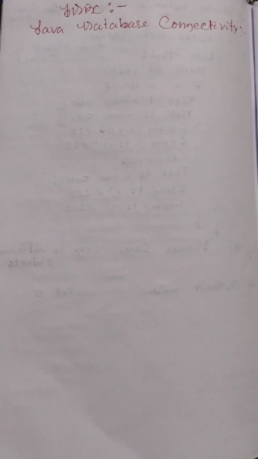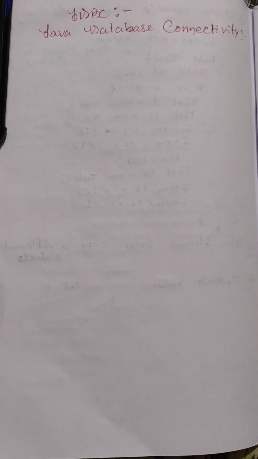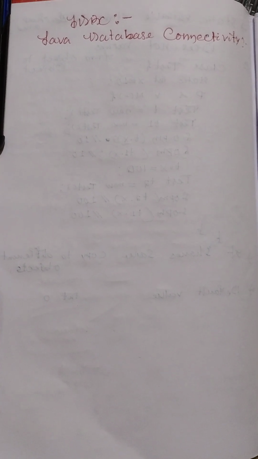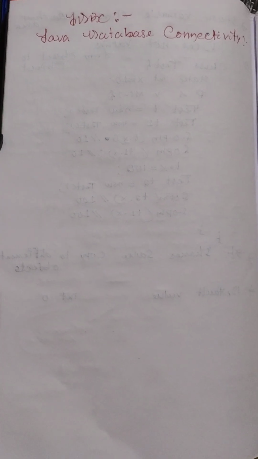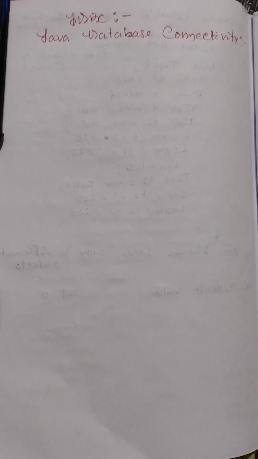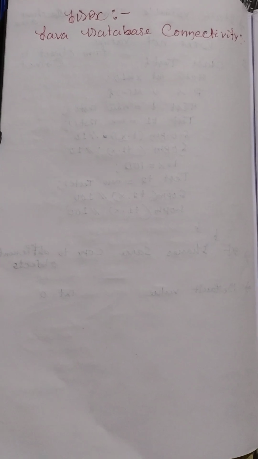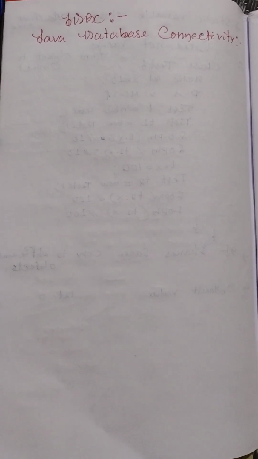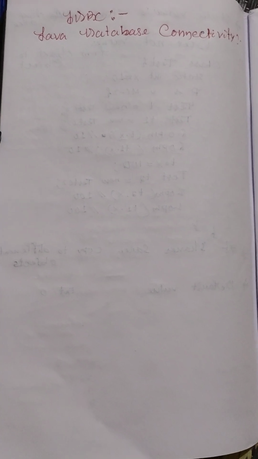We have to perform the CRUD operations like inserting, updating, deleting. That's why we are using JDBC, because Java syntax is different and database syntax is different. Both are different applications, so we need them to interact with each other.